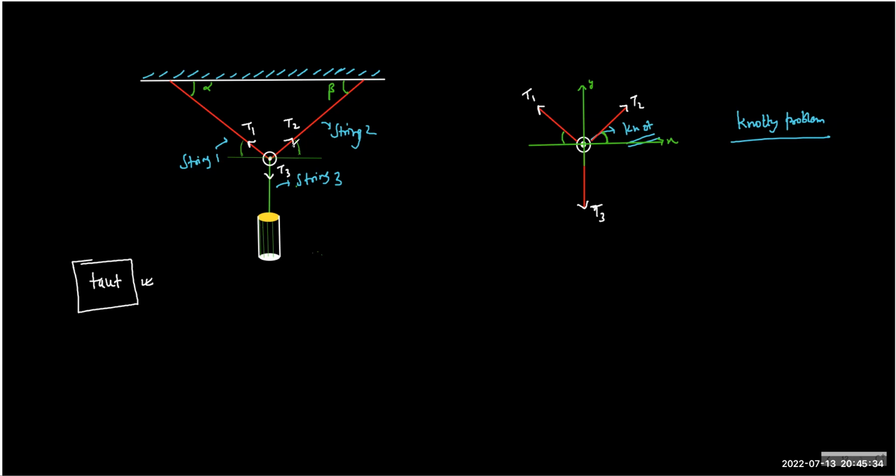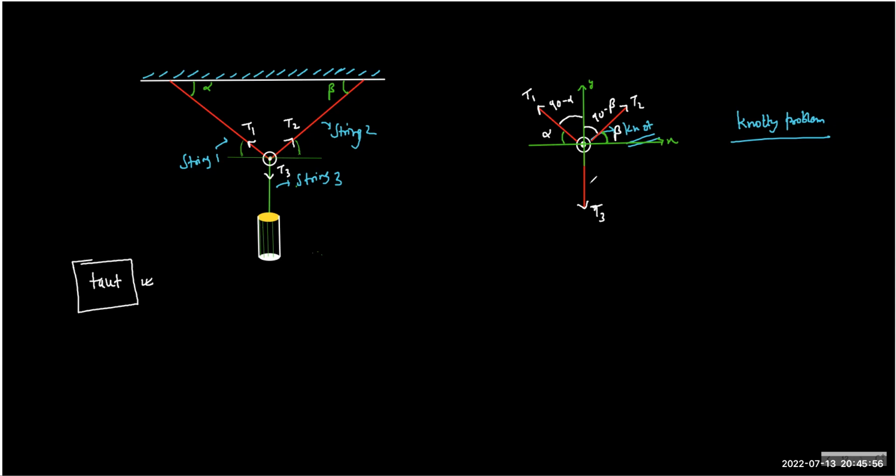Sir, alpha. Correct. That's alpha. And the right one is beta. So this angle is how much? Just in case if you want. So this angle is 90 minus alpha. And this is 90 minus beta.